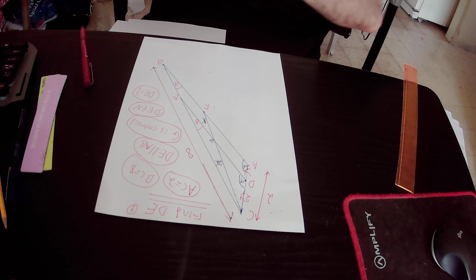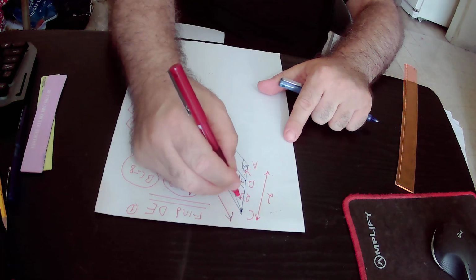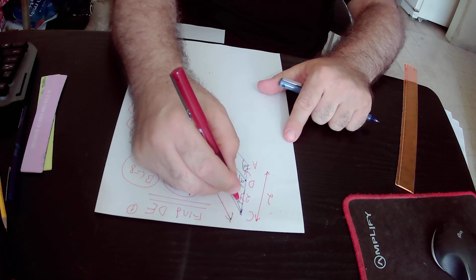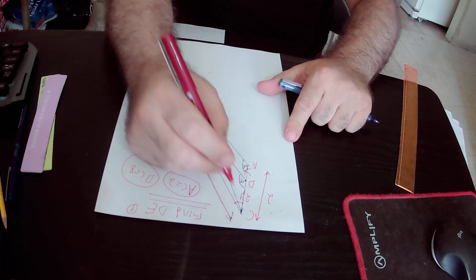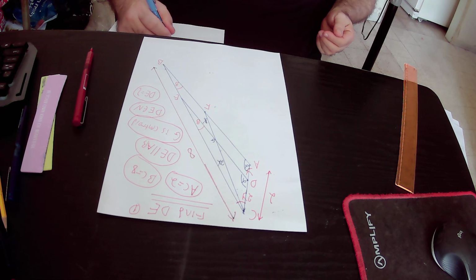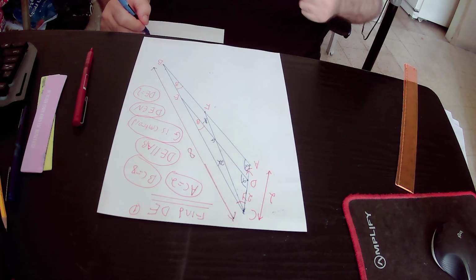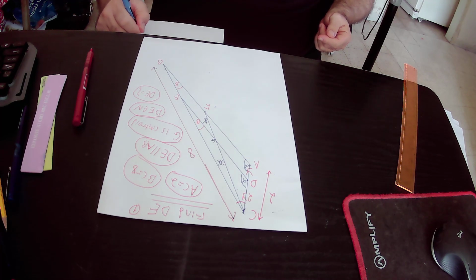And here we have a common angle. Angle C is a common angle because it belongs to both triangles. So we can write down that angle C equals angle C. It belongs to triangle ABC, and angle C also belongs to triangle CDE. So it is a common angle.